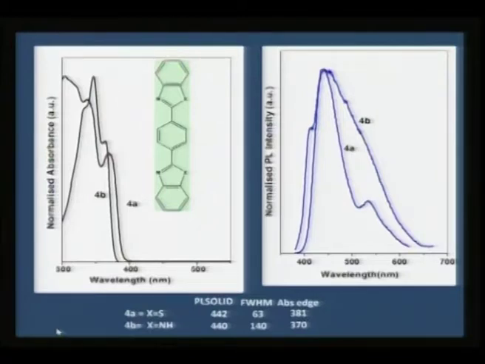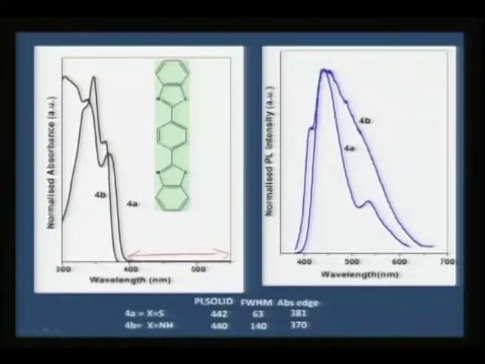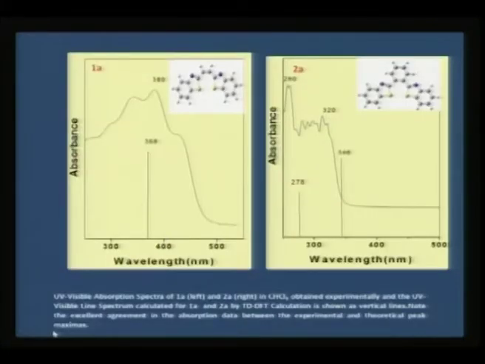If you are going to keep the Benz heterosol rings away from each other, not in closer proximity, then you can see that there is no tailing of this band edge, and you can also see that these have sharp band edges below 400 nanometer, and the emission spectra are more concentrated towards the blue region. So this is quite true of both the thiazole as well as imidazole moieties.